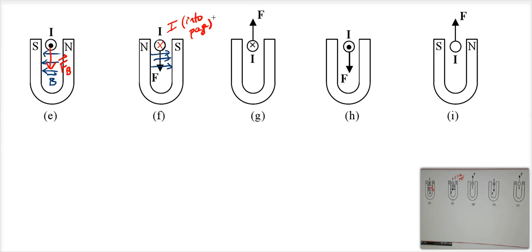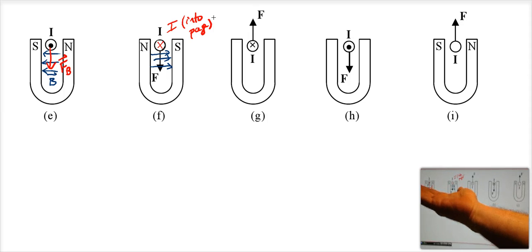Okay, now moving on to part G. In this case, we know that the force is up. We also know that the current has an X in it, which means the current is going into the page. So you now need to orient your hand such that your thumb will be going in and your force will be going up.